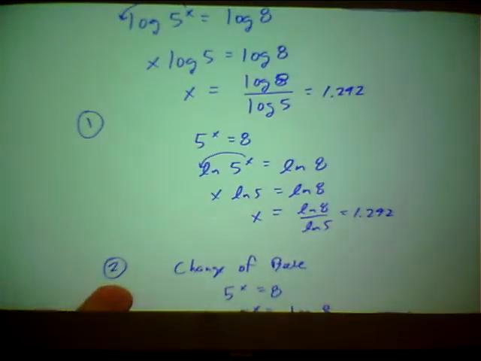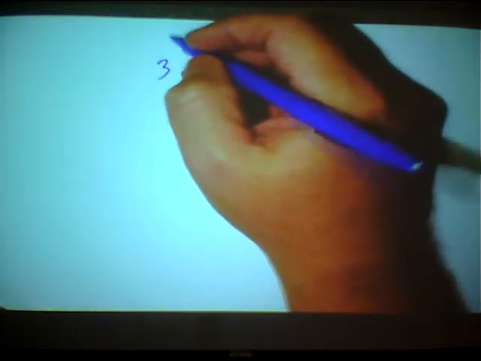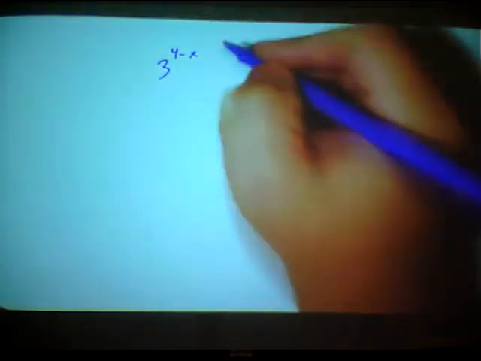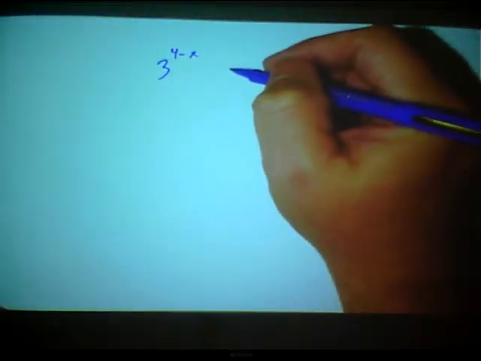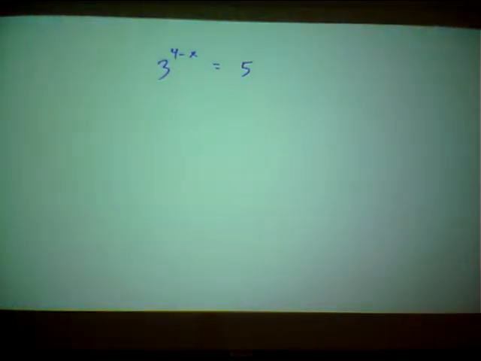Let's do one more quick problem like that, where you start out with an exponential equation. How about 3 to the 4 minus x equals 5.